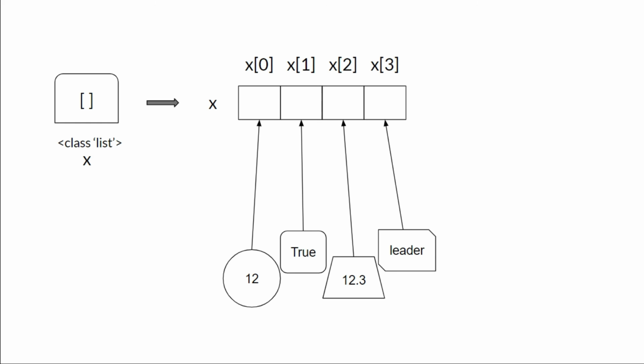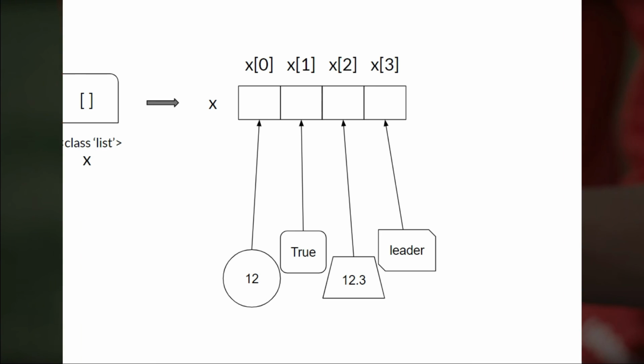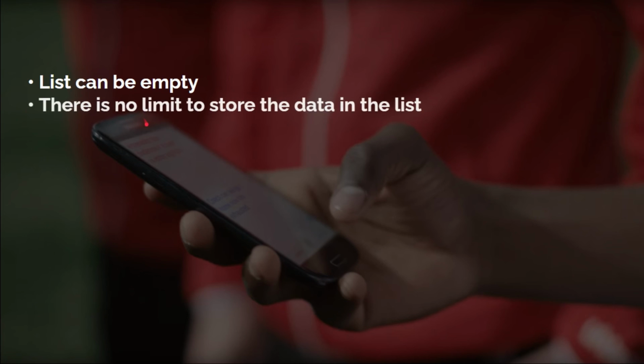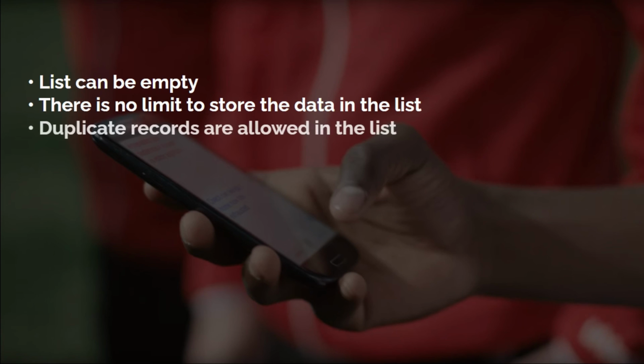So these were some basic properties of list. Let's recap. The first property was list can be empty. Next, there was no limit to store the data in the list. We can store the data of any size. Then third was duplicate records are allowed in the list.